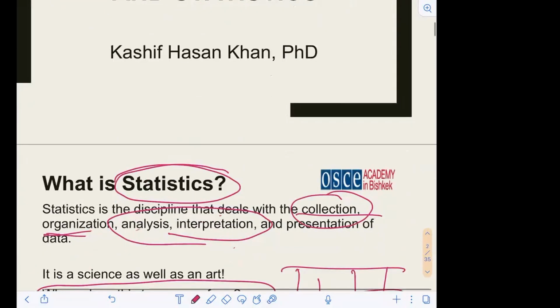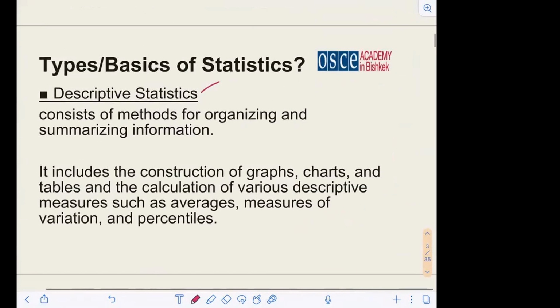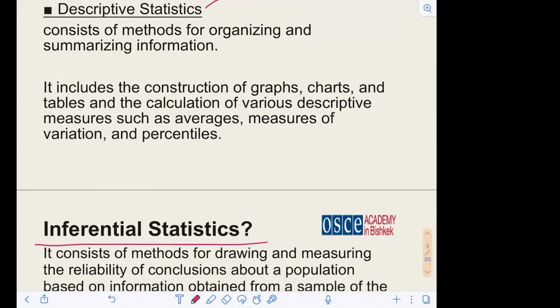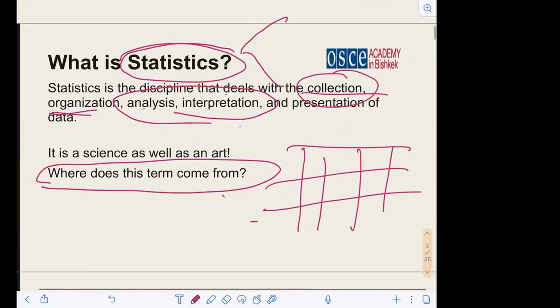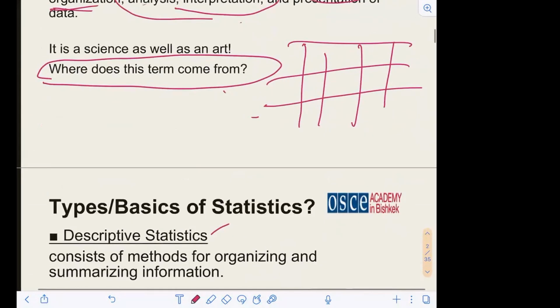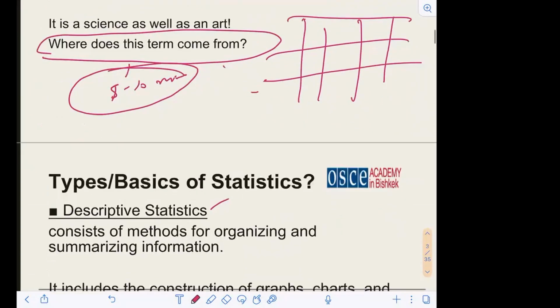In the next slides, I will be explaining the types of statistics, descriptive and inferential statistics. Probability comes under inferential statistics. But what is statistics, and where does this term actually come from? I'm not going to answer this question right now. Maybe in 5 to 10 minutes, I will come back and explain it.